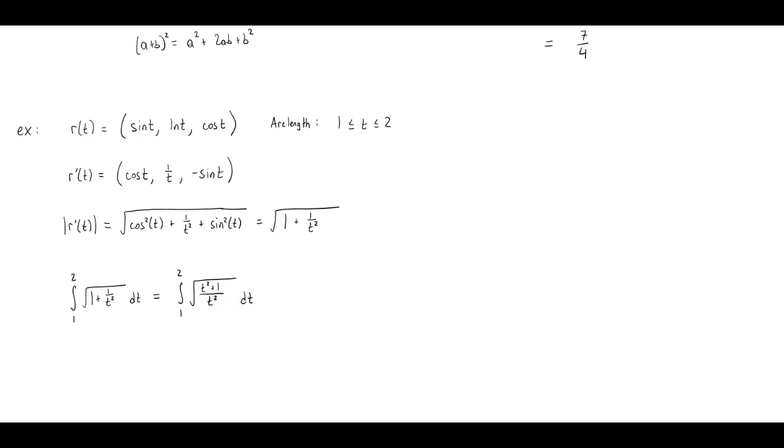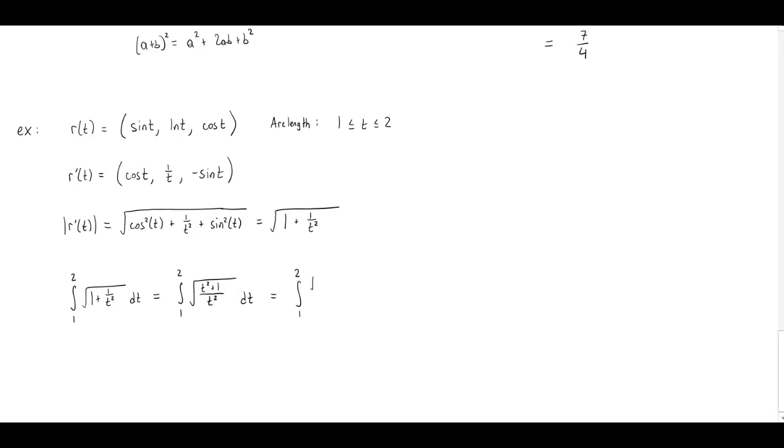So then next, if I want to simplify this a little bit, what can we do here? Any suggestions? You guys might know that when you take the square root of a fraction, you can take the square root of the numerator and the denominator separately, right?